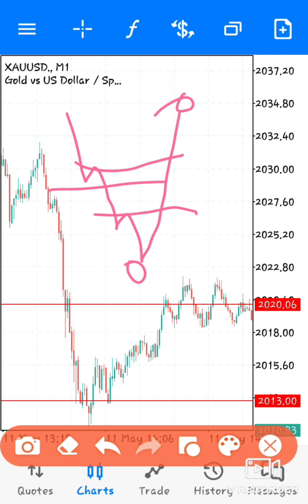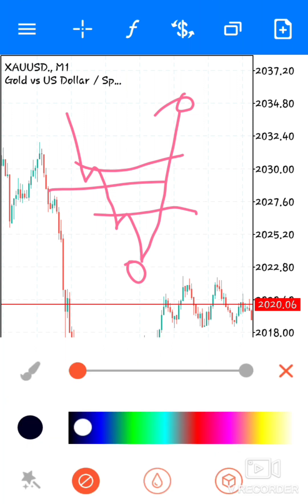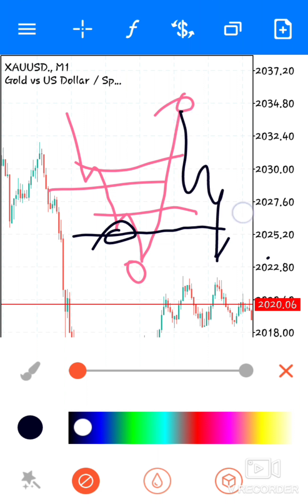That means buyers are in control. So you place your entry right here, at the second to the last support.